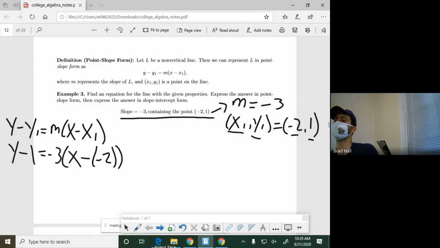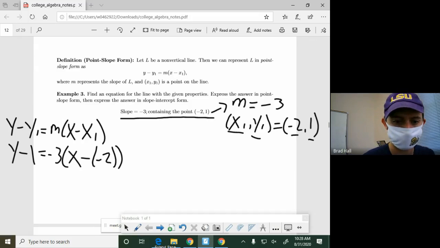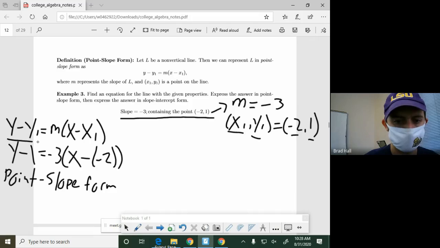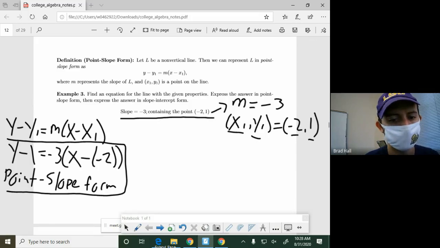There may be 1 or 2 problems that ask you to leave your answer in point slope form, just that form alone, which this would be. This would already be point slope form.